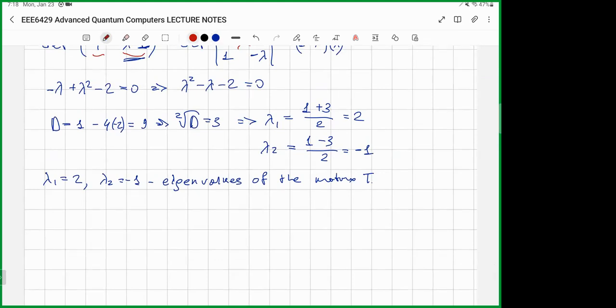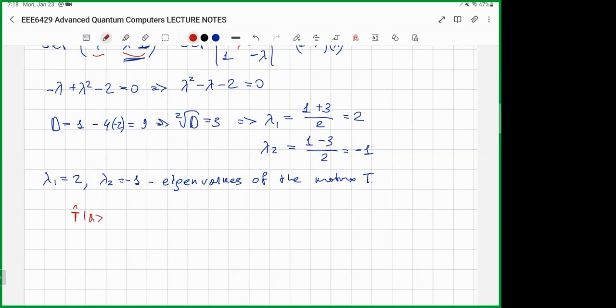So now I remind you the meaning of these eigenvalues and eigenvectors, right? The equation for the eigenvectors and eigenvalues is this one.